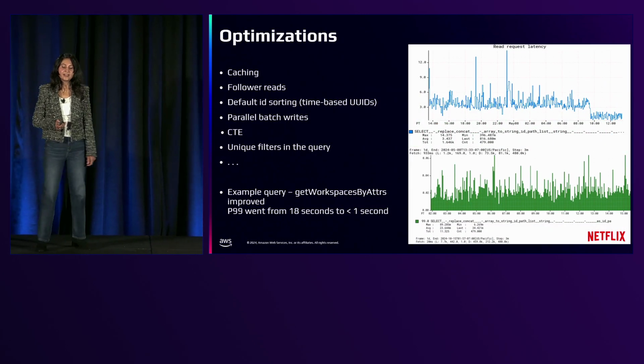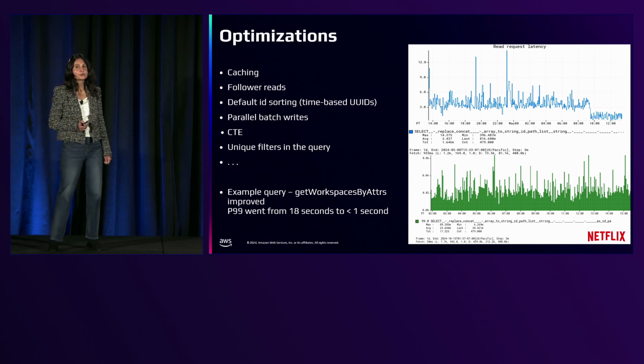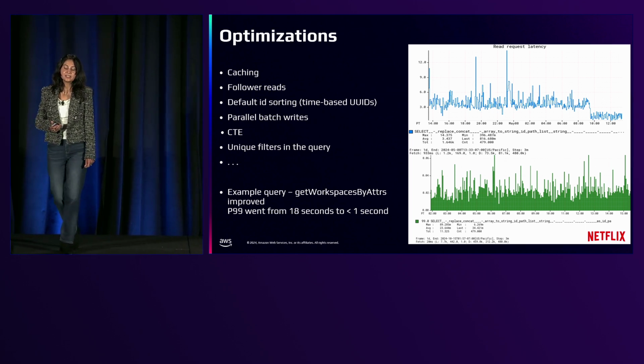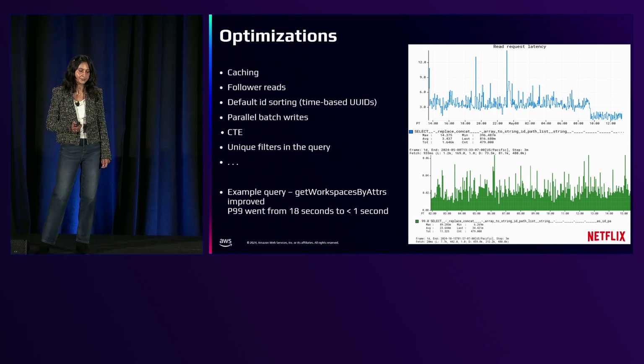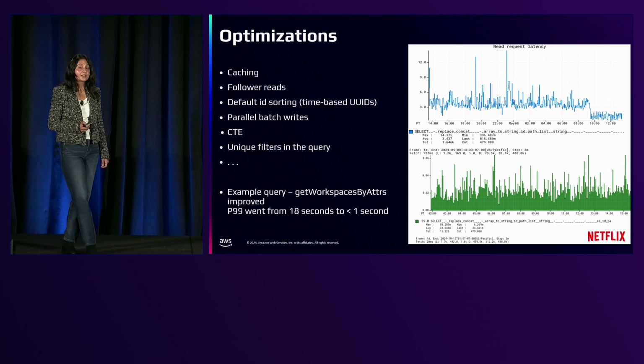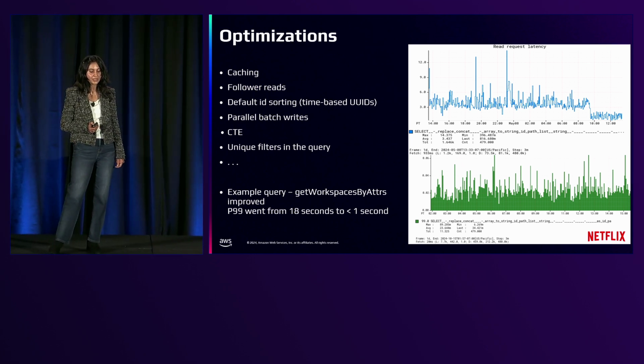Before moving on to our next section, I want to share some of the optimizations that we have adopted to improve our system's efficiency with scale. We use distributed caching for persistent objects to avoid querying the DB for each and every request. We use follower reads in our read queries wherever the data is not sensitive to staleness.